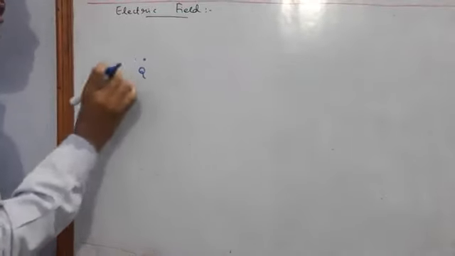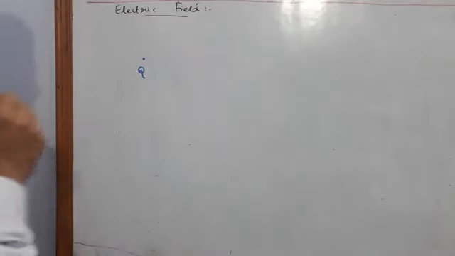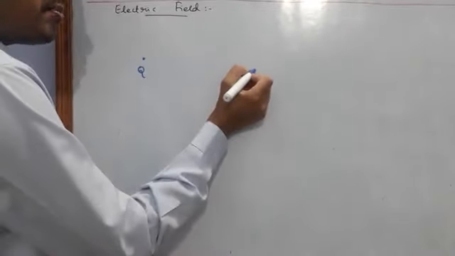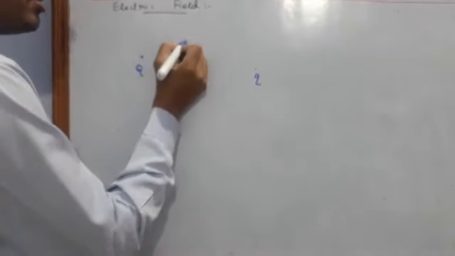Suppose we have only charge Q in space, there is no other charge. Now we bring a small charge, small q, and put it at some distance from this charge. Let that distance be small r.